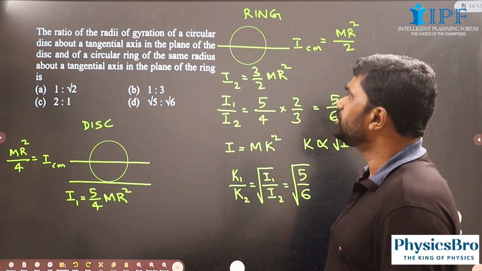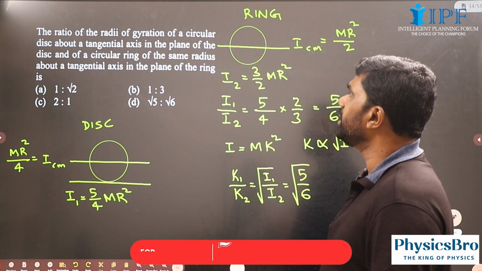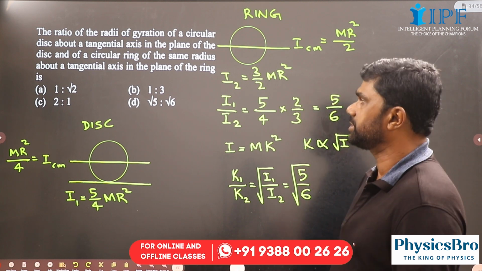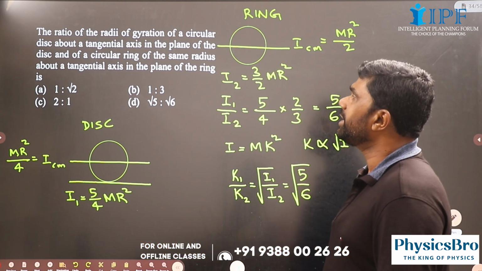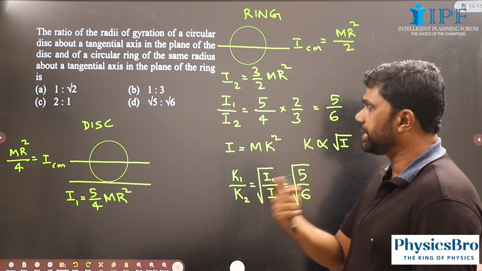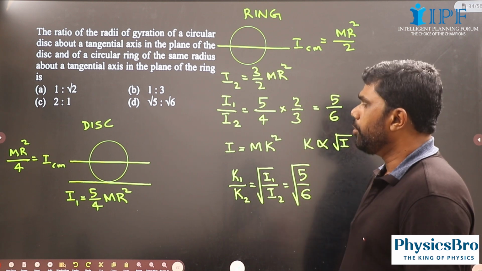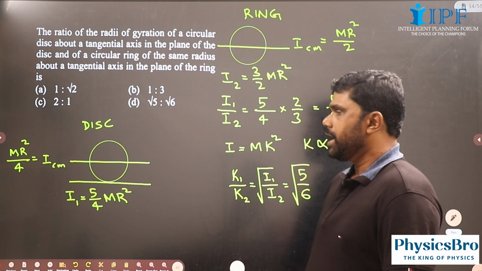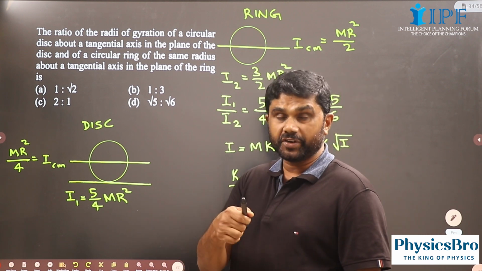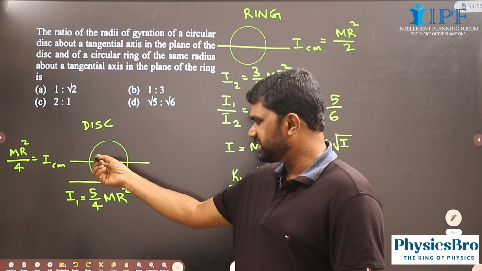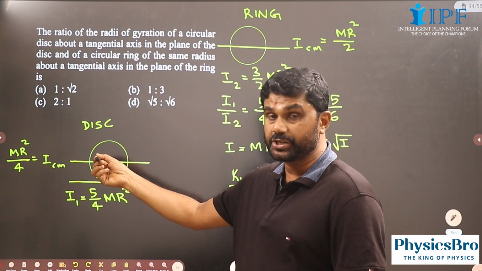The ratio of the radii of gyration of a circular disc about a tangential axis in the plane of the disc and of a circular ring of the same radius about a tangential axis in the plane of the ring. Now this is a disc. Moment of inertia about the central axis is mr²/2.